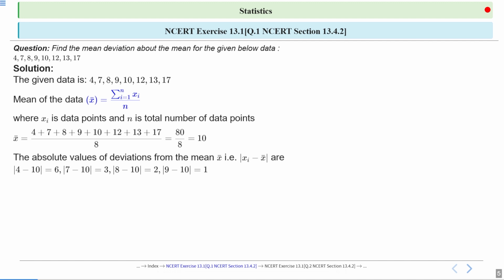Similarly, for 8 it is mod value of 8 minus 10, which is 2. For 9 it is mod value of 9 minus 10, equal to 1. And you can list the remaining data points for 10, 12, 13 and 17.